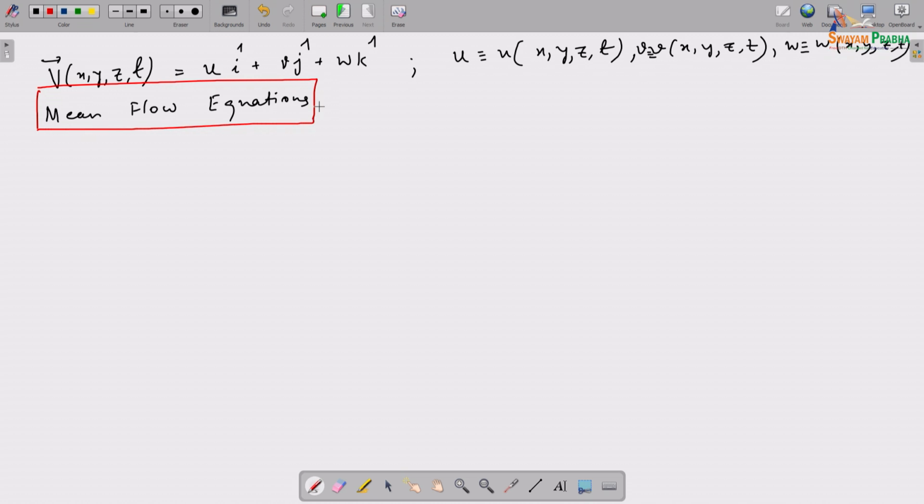Okay, right. So we'll do what is basically known as the Reynolds decomposition. The Reynolds decomposition is essentially this: the component of velocity in the x direction, which we call u, we write as a mean value and a fluctuating value.